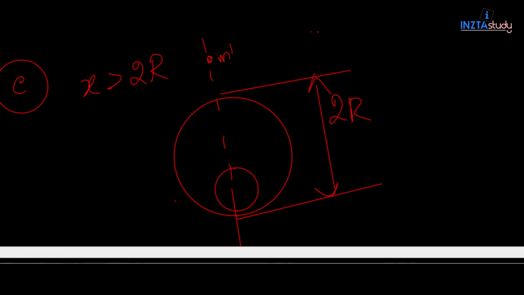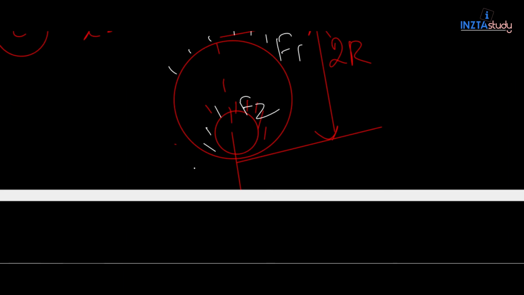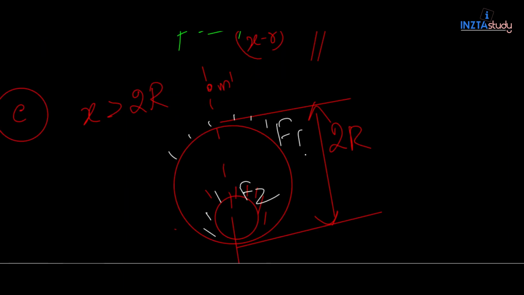Now here we have two gravitational forces of attraction, this one and this one. So let's say this is F1 and this is F2, and the resultant force should be equal to F1 plus F2.